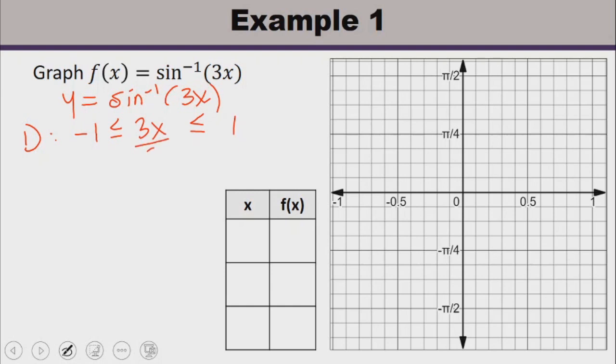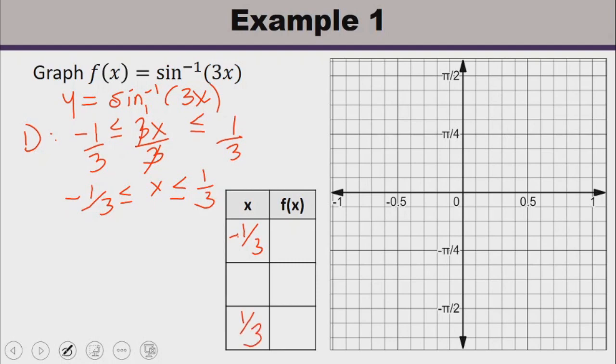So we need to divide by 3 to have x only in the middle of this inequality. So we now have -1/3 less than or equal to x less than or equal to 1/3. So we now know that x values go from -1/3 to +1/3.